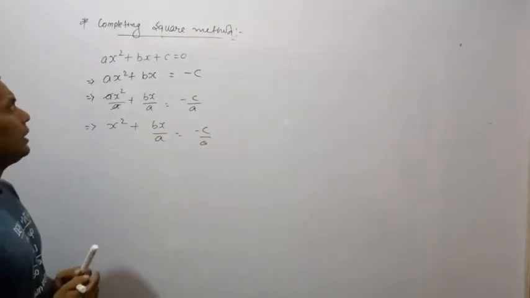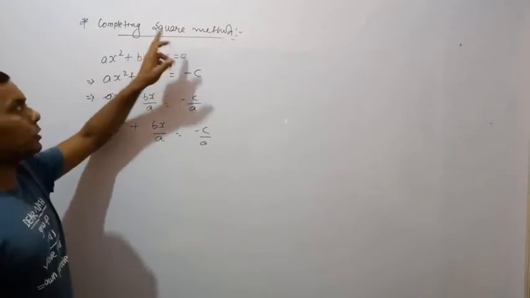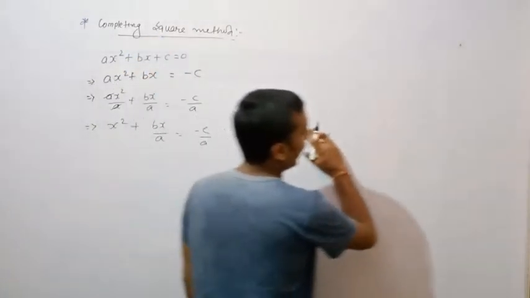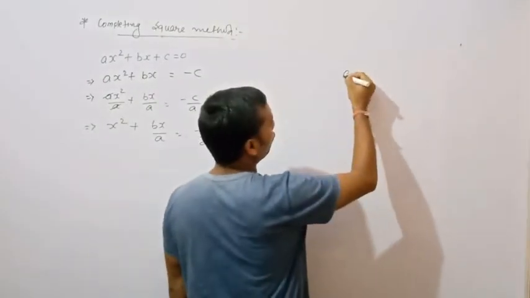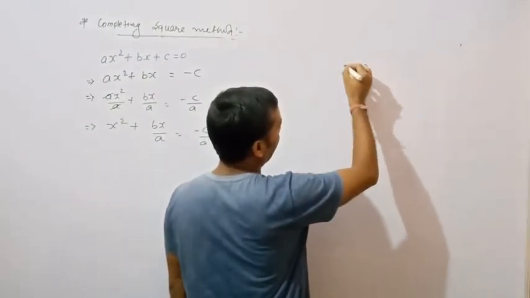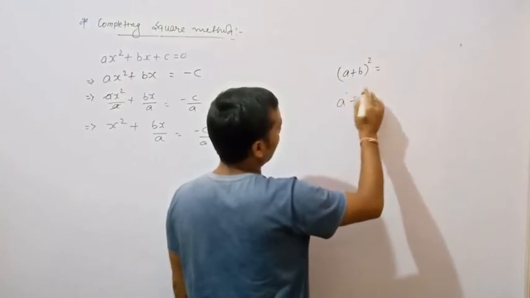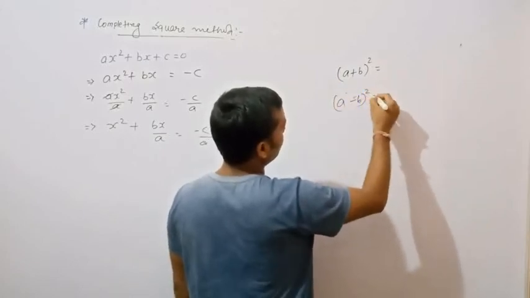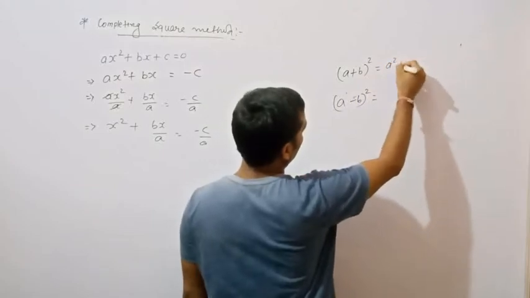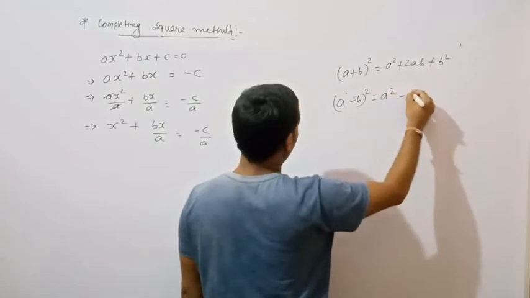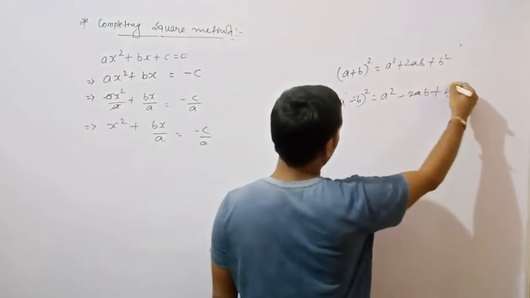Now see, students, the term used here is the square method. What does square mean? For the identities we have two formulas in square form: a plus b to the whole square, that is a square plus 2ab plus b square, and second, a minus b to the whole square, that is a square minus 2ab plus b square.